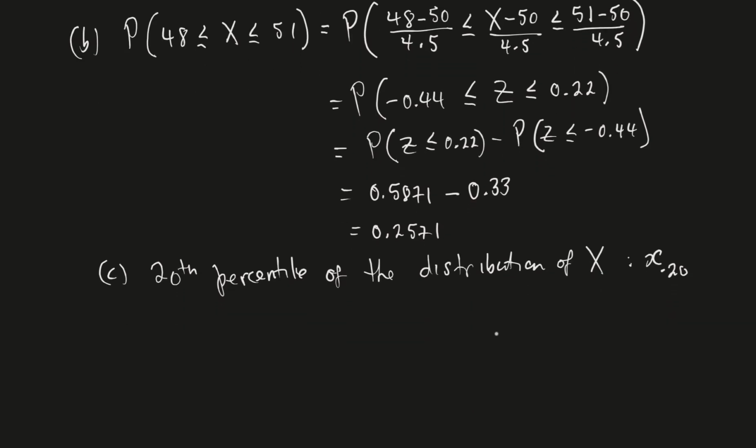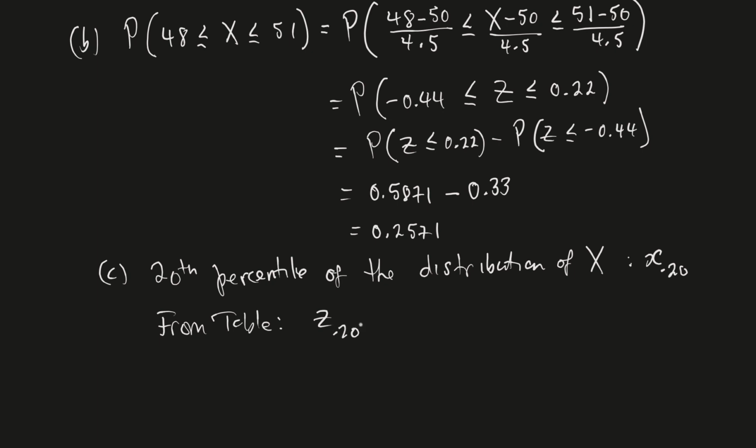So from our tables, let's get z 0.20. It's just a matter of finding somewhere in the body of this table, hopefully, exactly something that says 0.2000, and then we can figure out what the 20th percentile is.